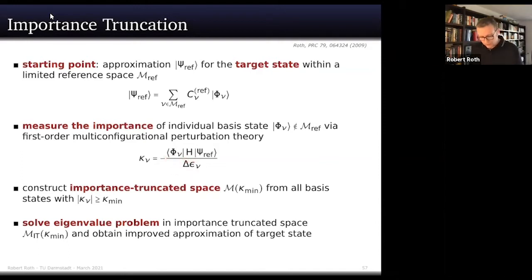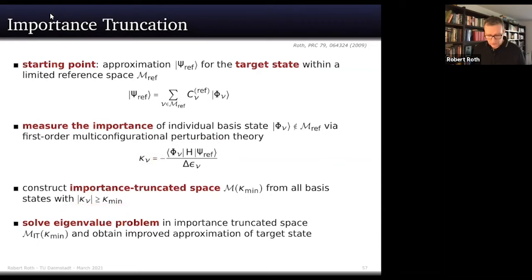And this structure, which is just the first order perturbation theory coefficient correction, defines kappa, and kappa is what we call an importance measure. That determines how important this basis state is, and you simply apply a threshold to this measure.